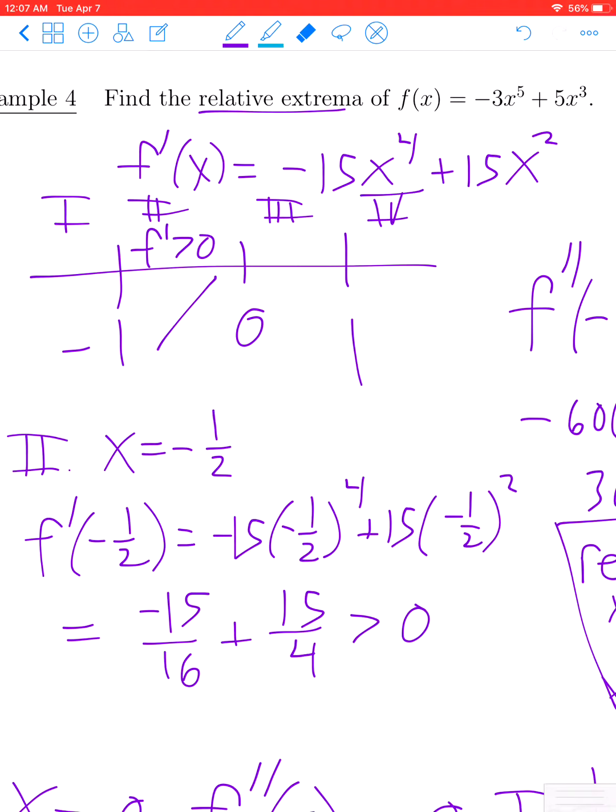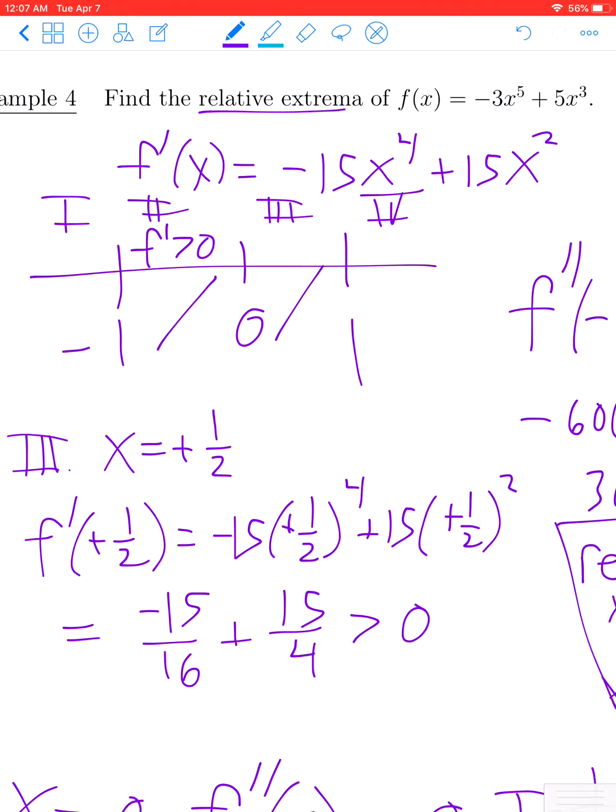Let's pick a test point in region 3. We can use x equals positive 1/2 in that region. If we plug a positive 1/2 into this, we actually end up getting the same value. It's going to be negative 15 over 16 plus 15 over 4, which will also be a positive value. So it's going to be increasing to the right of 0 as well.